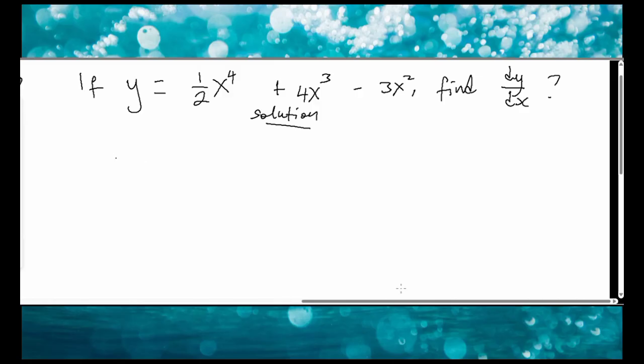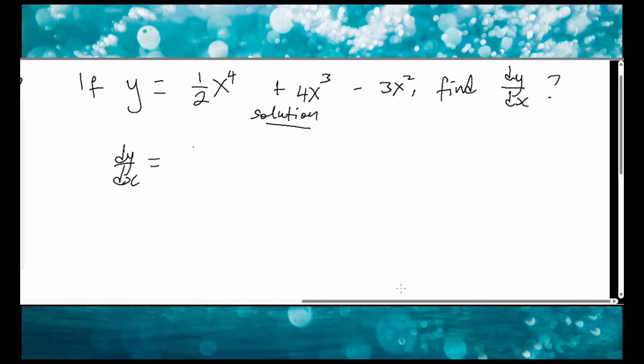Just as we did for example 1, for dy dx, we're going to take the derivative of each of these terms separately. We have 3 terms, which is 1, 2, and 3, right?